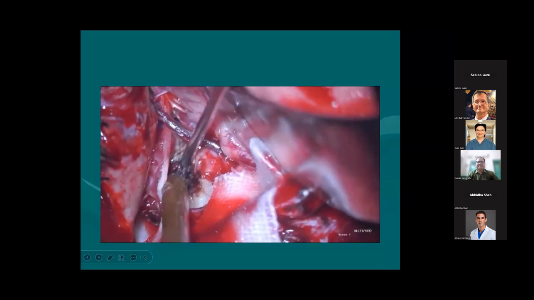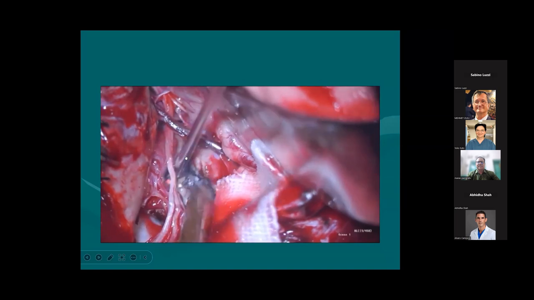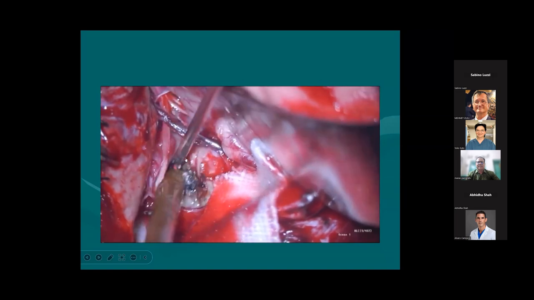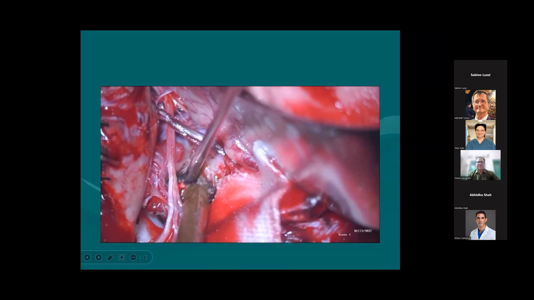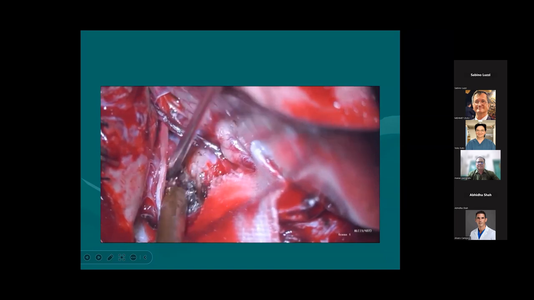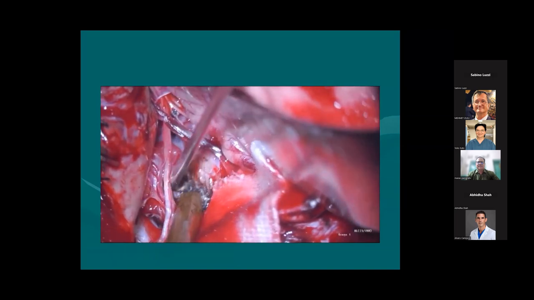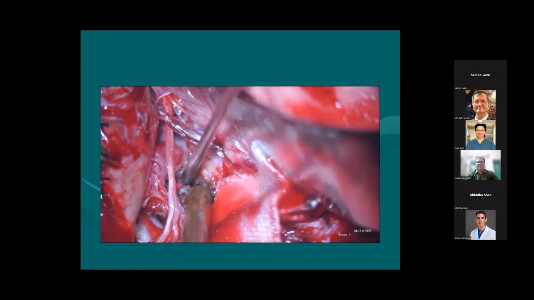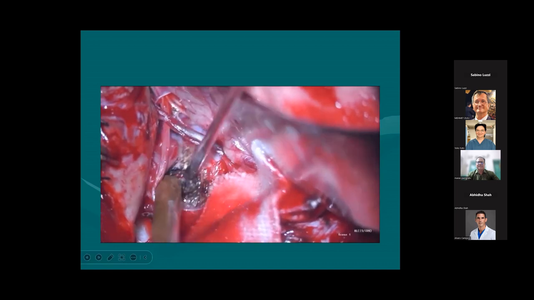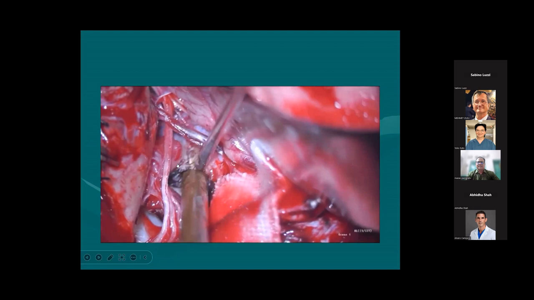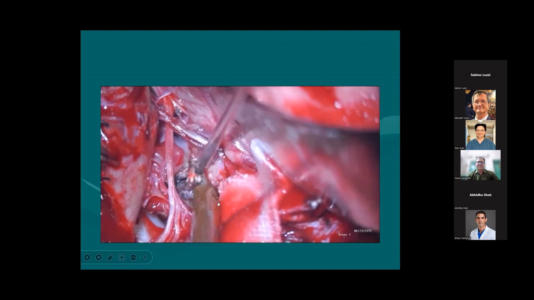It was detached using a thulium laser to devascularize the tumor. And the tumor was taken out piecemeal as it was very highly vascular, detaching it from the vertebral artery.